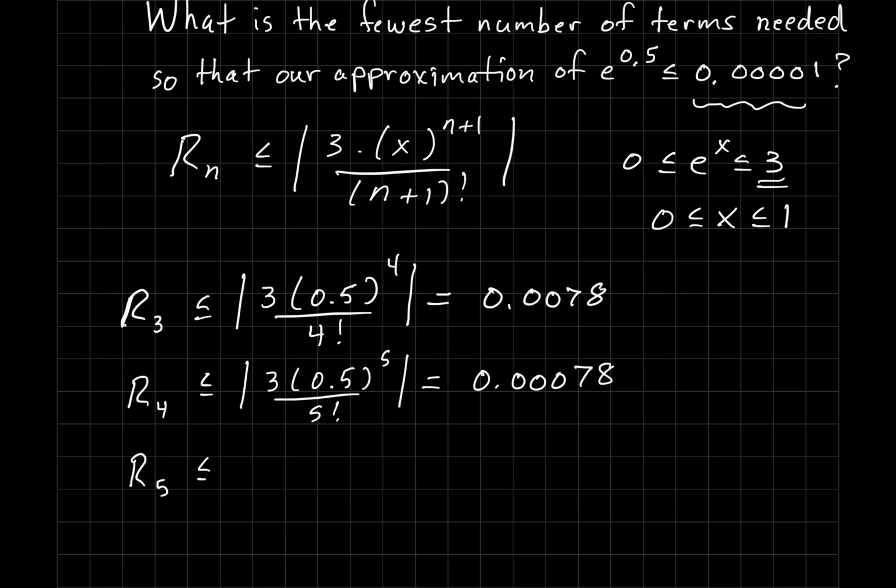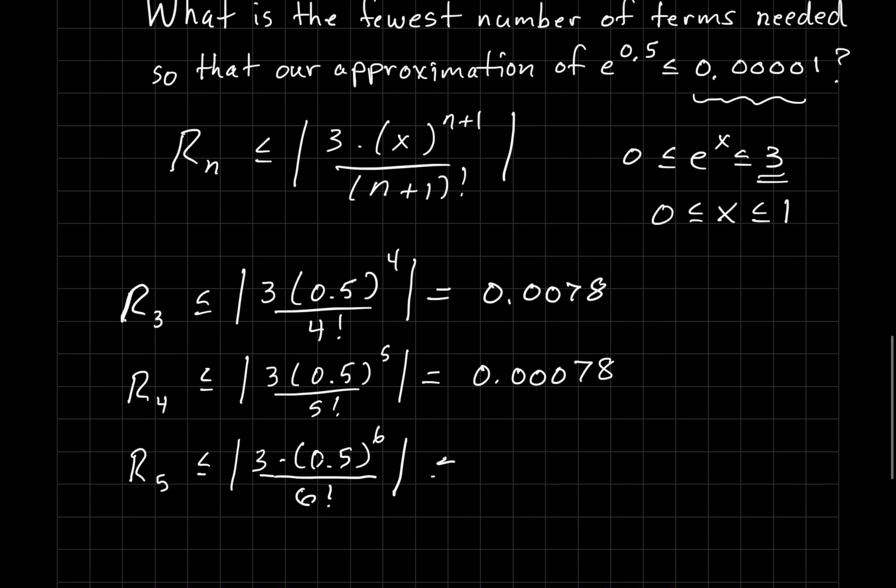So what if I try the 5th degree polynomial? Then my error is no more than 3 times 0.5 to the 6th over 6 factorial, which is equal to 0.0000651, which is not quite there.